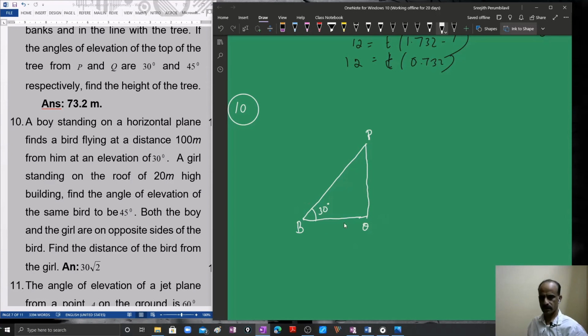Which is the 100 meters? This distance is 100. The distance between the boy and the bird is actually 100 meters.